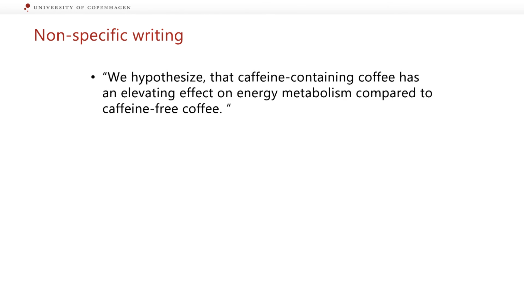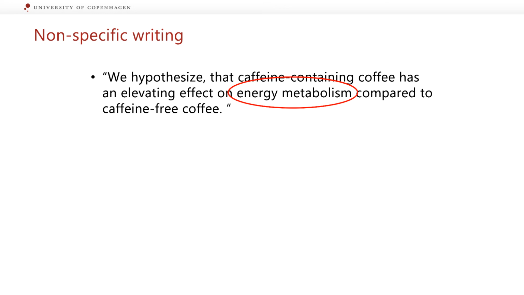Now I just want to present some examples of non-specific writing so that you know what I'm talking about. So take for example this sentence: we hypothesize that caffeine-containing coffee has an elevating effect on energy metabolism compared to caffeine-free coffee. Now, energy metabolism is a broad term, and it covers many aspects of metabolism.